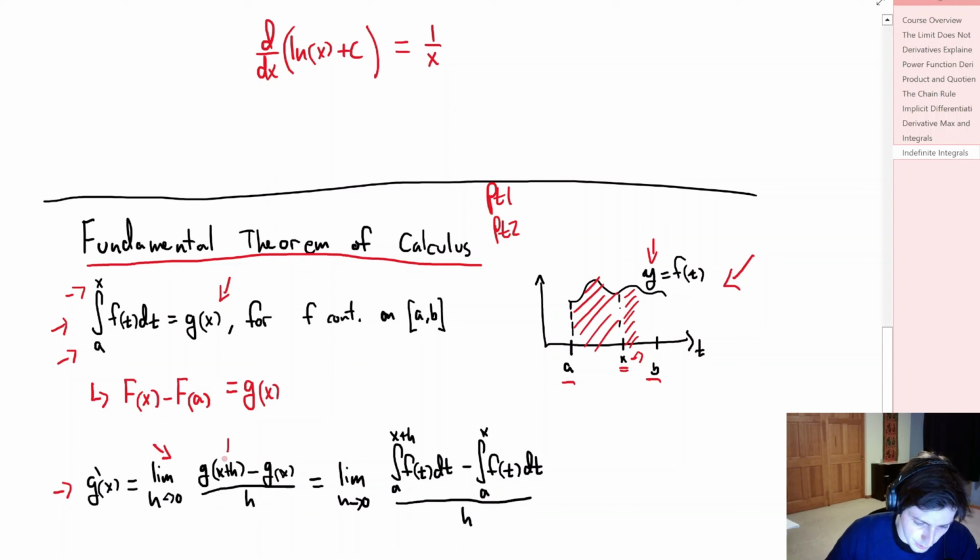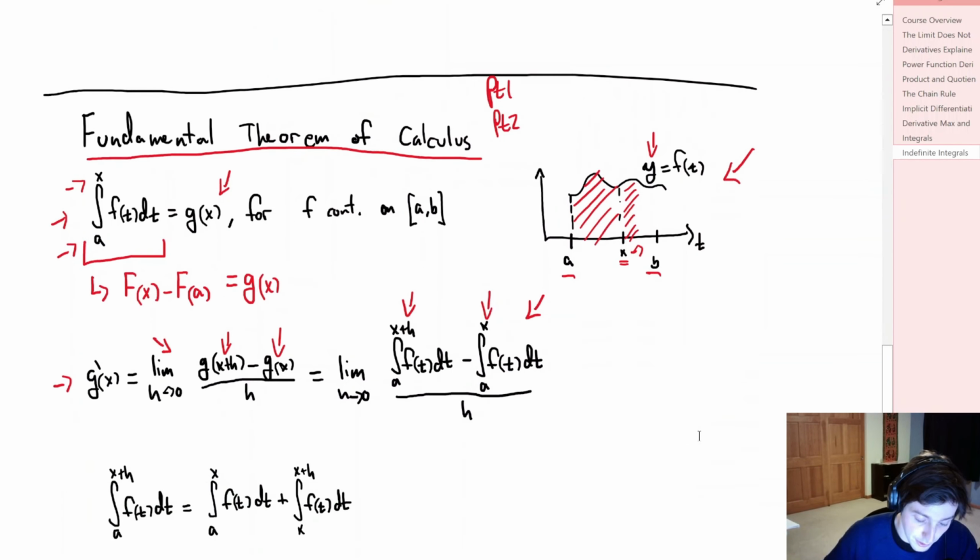We're simply going to plug in for g of x plus h and g of x this integral right here, so we can represent that by these terms on the right-hand side. Notice we're changing that limit to x plus h, and then x. From the property of integrals, we can break the integral from a to x plus h into two separate integrals: a to x, and x to x plus h.